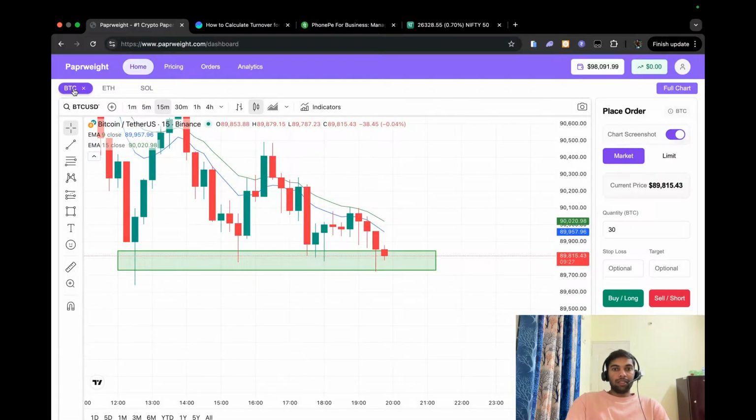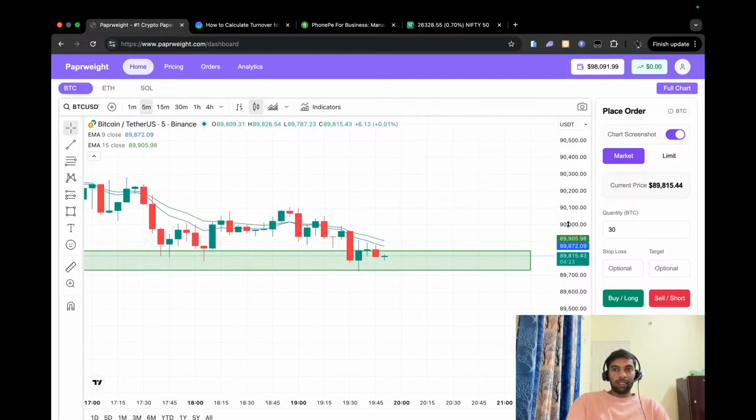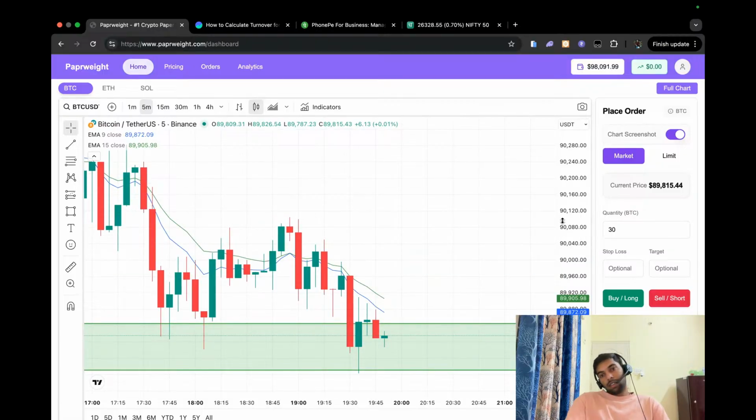What is happening at BTC? Okay, so I'm looking at BTC at 5 minute interval, and it looks like this. Ethereum.